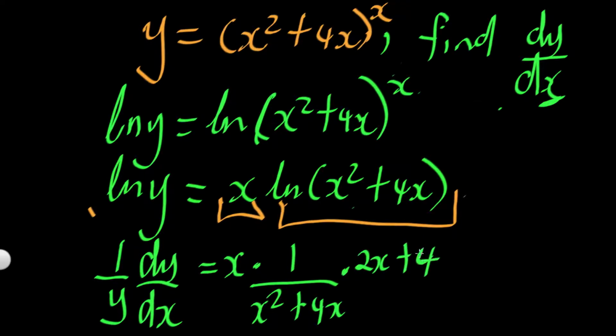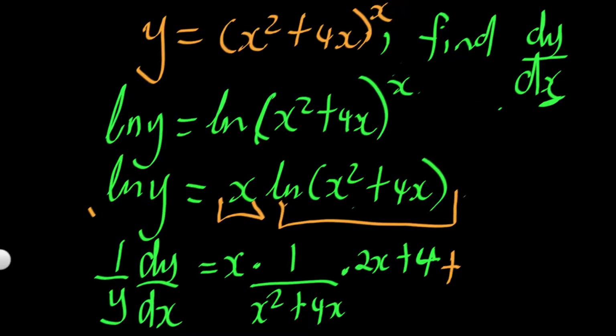If you have forgotten what I'm doing here, just remember that I'm applying the chain rule because this is a function of a function. I made a video on the rules of differentiation, so go there and check how to use the chain rule. So I'm using three techniques all at once: the product rule, the chain rule, and also some form of implicit differentiation.